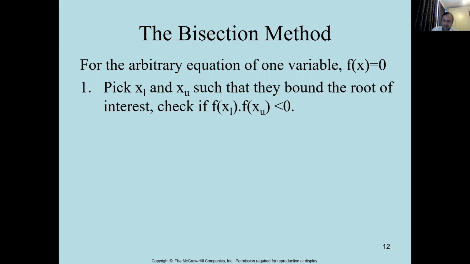So once we determine that, this will give us an indication that there will be a root between xl and xu, considering that the function is a continuous function from xl to xu.